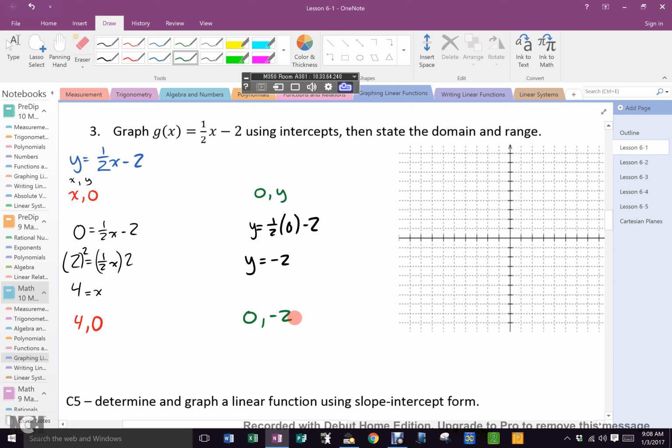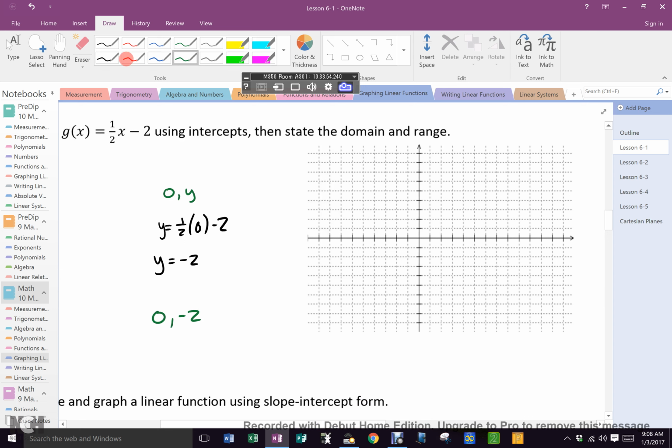Everybody cool? Any fractions? Nope. So I can go ahead and just put it on my graph, can't I? 1, 2, 3, 4, 0. Down 2, negative 2. Can I connect the line? Yes. Why? Because it's continuous. Because every number can be cut in half and have 2 subtracted from it.